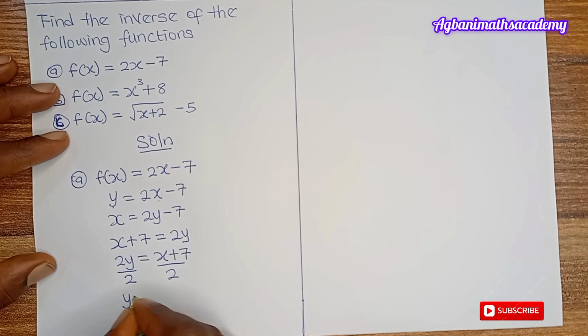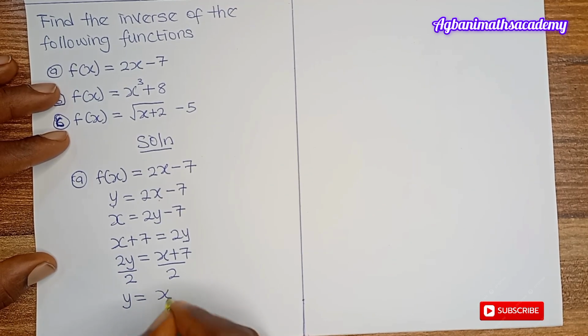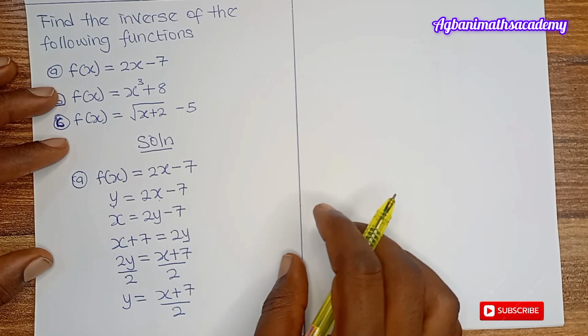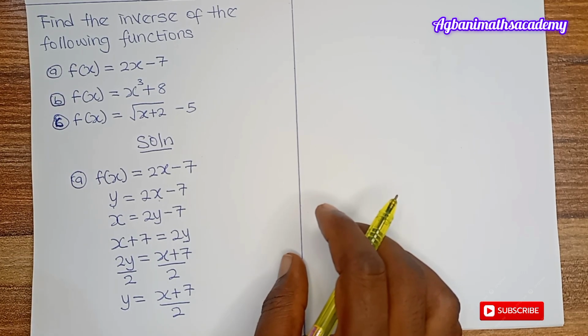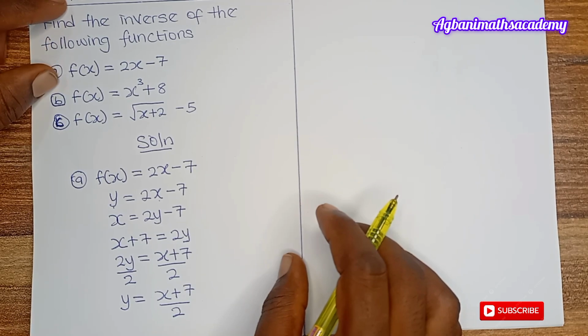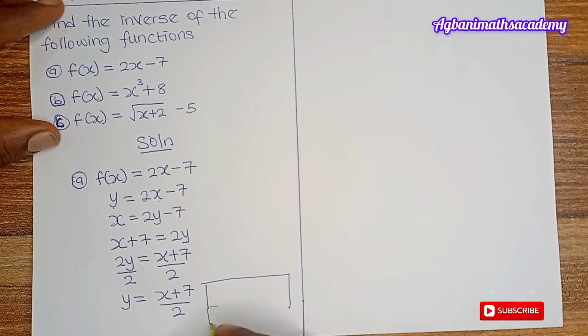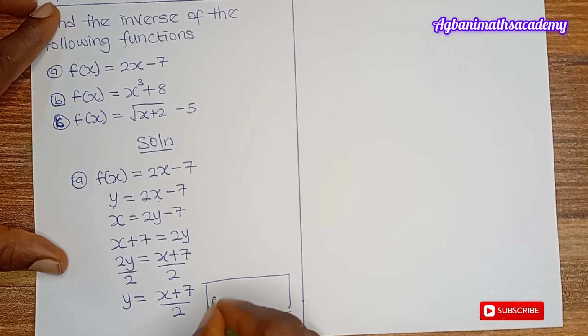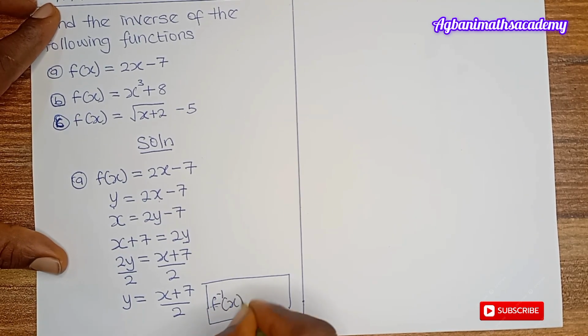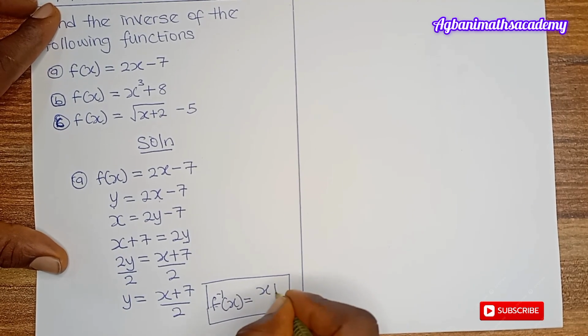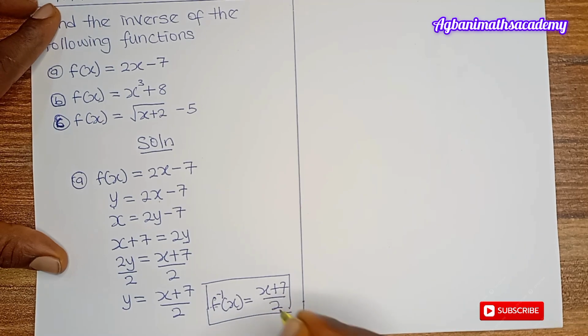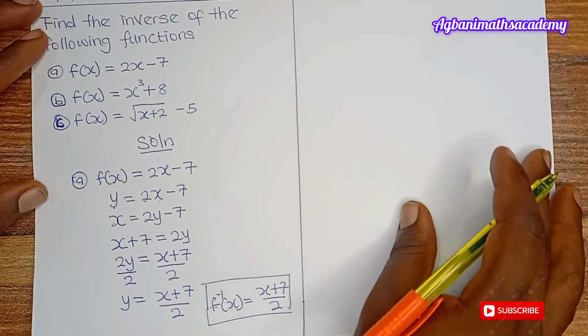So, y is equal to x plus 7 all over 2. So, that's the value of y. But remember, y is the same thing as f of x. But since we are looking at the inverse, we simply say, therefore, inverse of f of x is equal to x plus 7 all over 2. So that becomes the answer to that question.